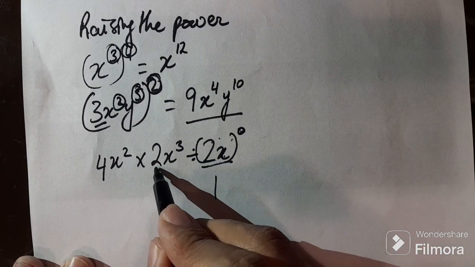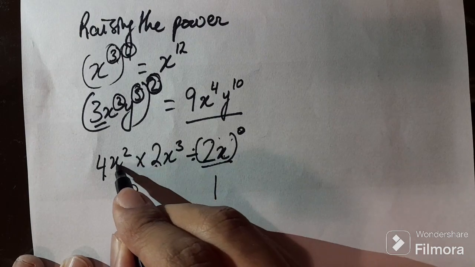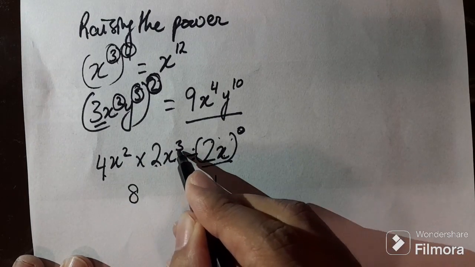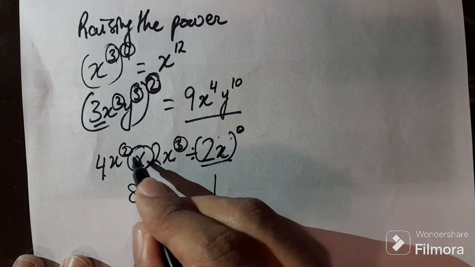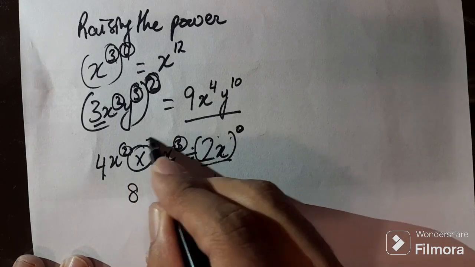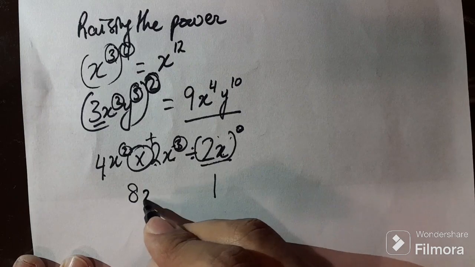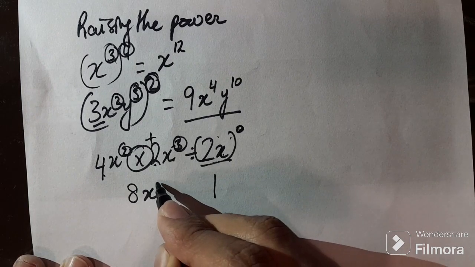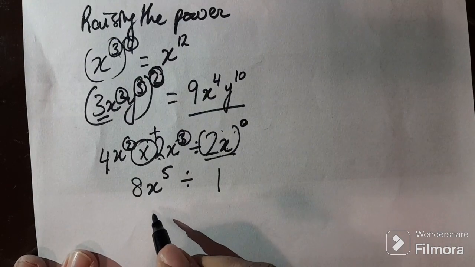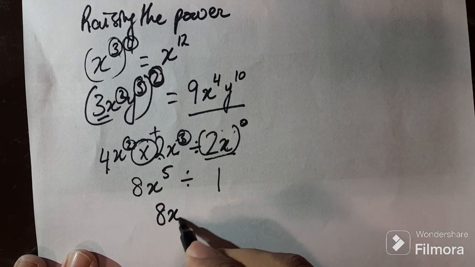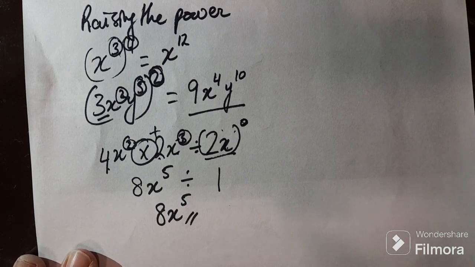Then here we do 2 fours are 8. Then x power is 2, and over here x power is 3. Because this is multiplication, both the powers will add up. So 2 plus 3 will be 5. So 8x to the power of 5 divided by 1 will be the same, 8x to the power of 5. So the answer will be 8x to the power of 5.